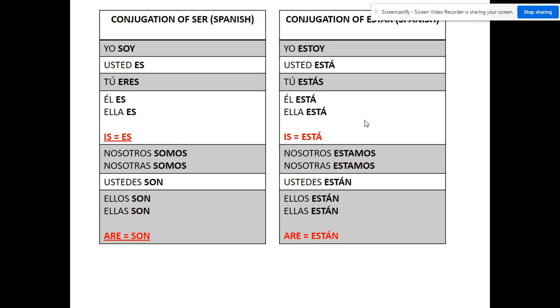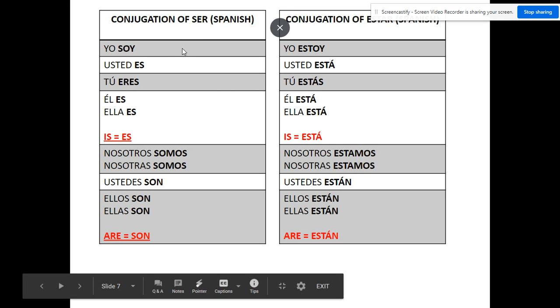All right. So for the quiz, you need to know the subject pronouns, what conjugation goes with each subject pronoun, only for ser.